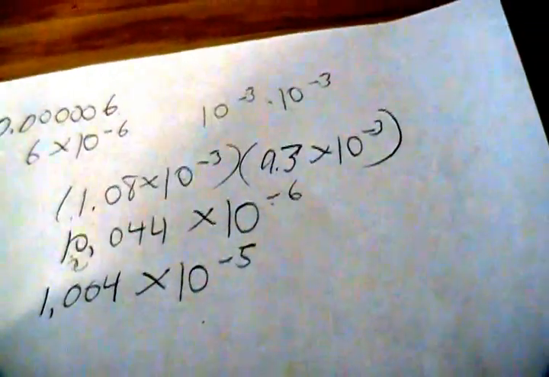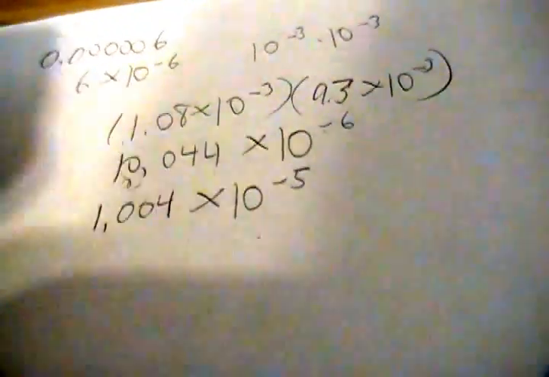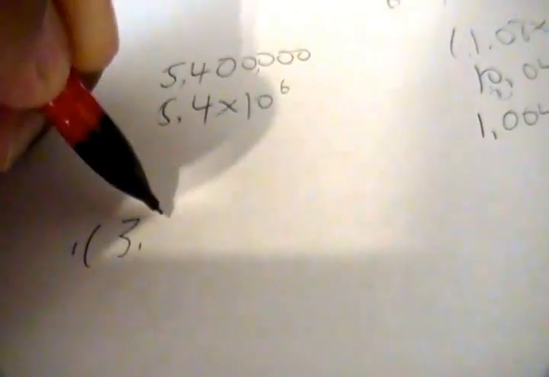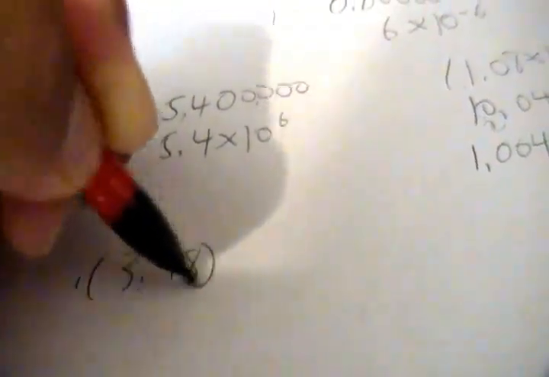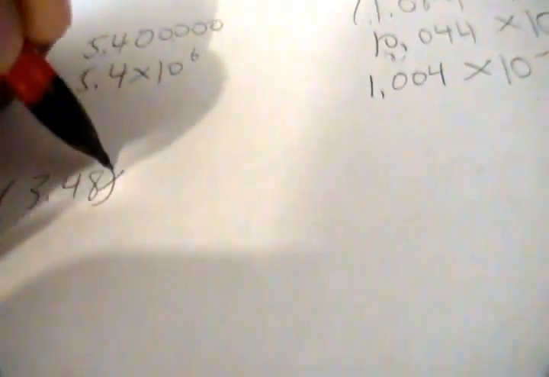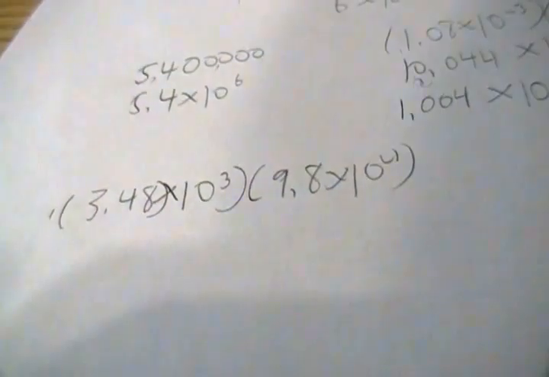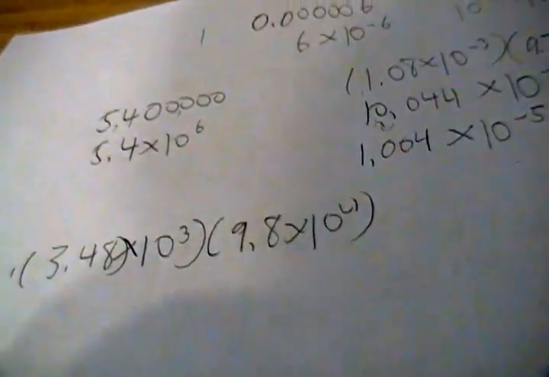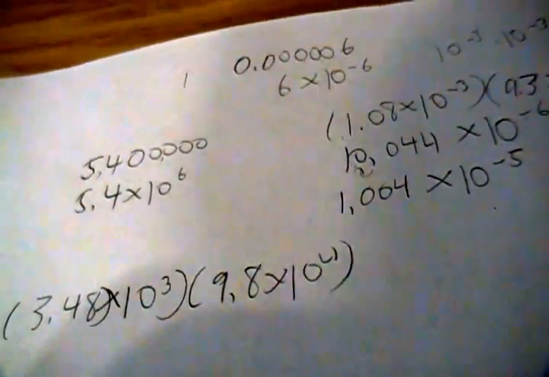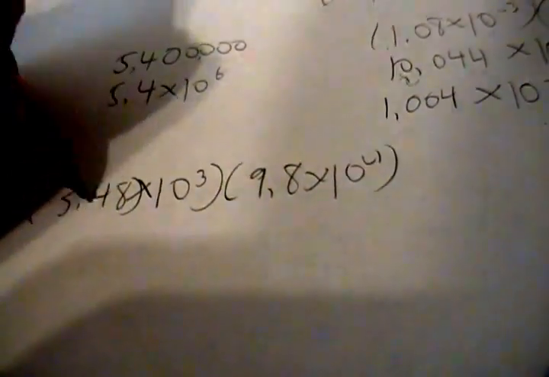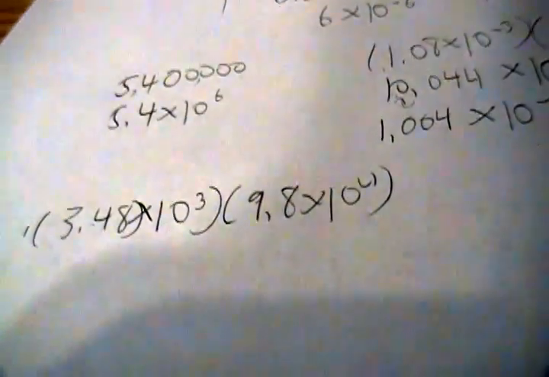All right, let's try some others. Let's see, we have 3.48 times 10 to the 3rd power, and then 9.8 times 10 to the 4th power. The important part here is not necessarily calculating these numbers, so let's just calculate them in the calculator.